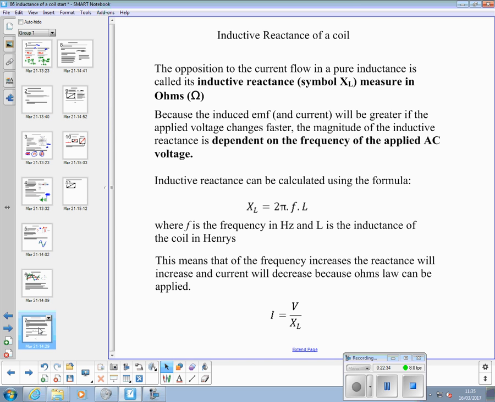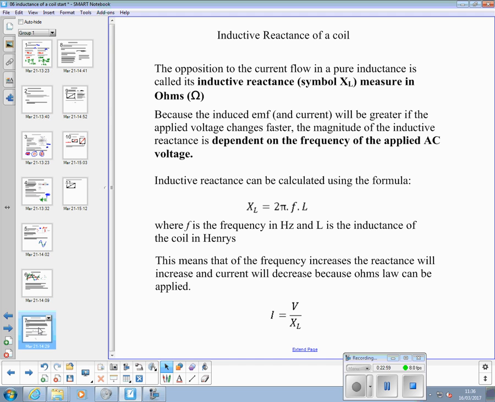Because the induced EMF and current will be greater if the applied voltage changes faster, the magnitude of inductive reactance is dependent on the frequency of the applied AC voltage. If we put the hertz up, that voltage is going to be changing quicker, and therefore we're going to get more induced current, and therefore more inductive reactance.